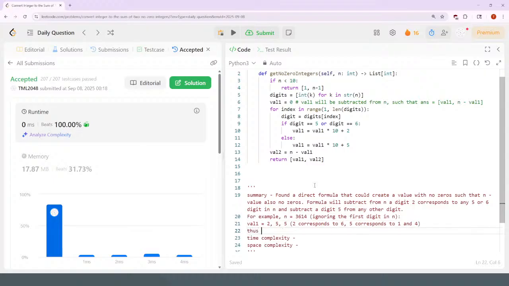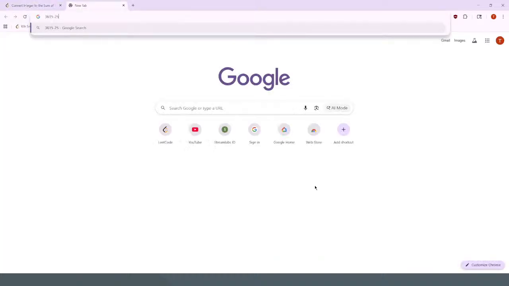So thus return 255 and 3614 minus 255, which is equivalent to 3615 minus 255.